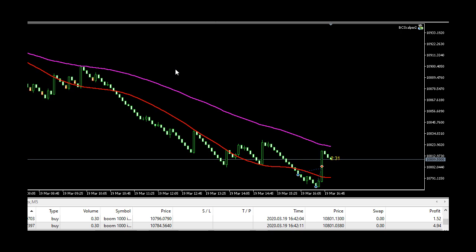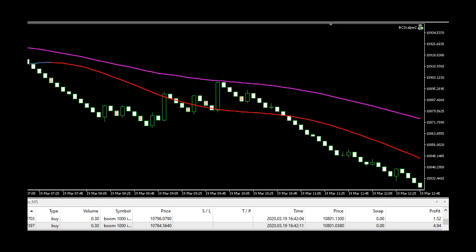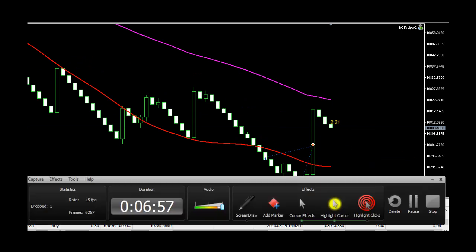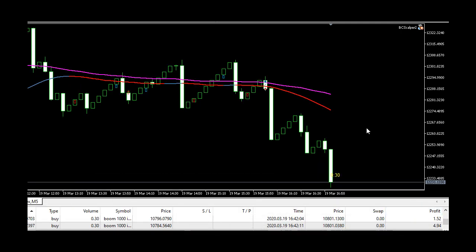Okay, I'm going to put this video on pause now, and let's see, a trade will be executed anytime from now. As you can see, Crash 1000 during the making of this video, you can see another crash here, and as it crashed, look at Boom 1000.